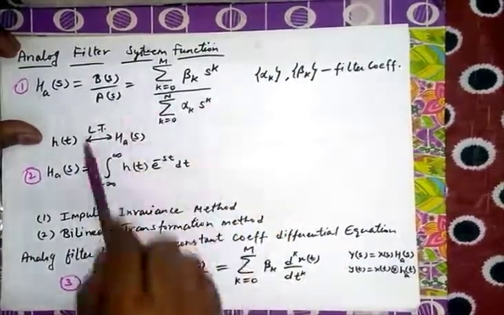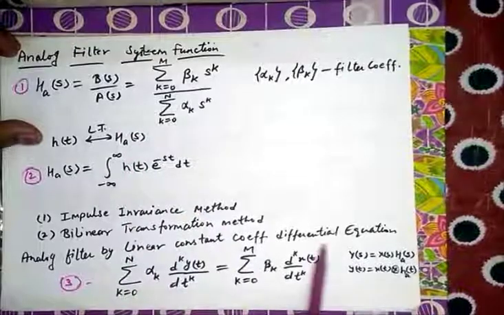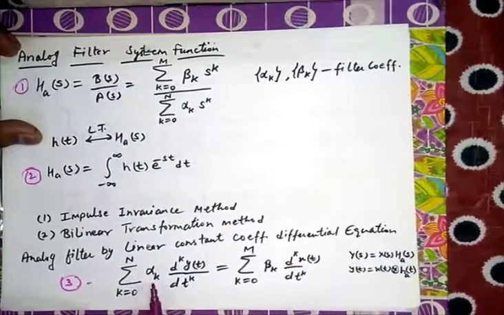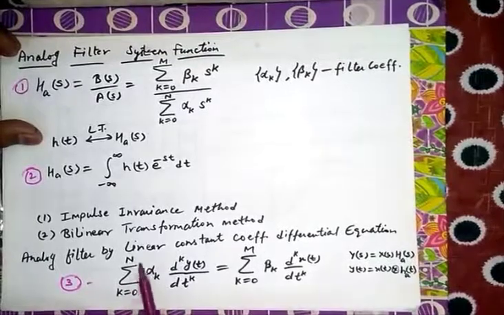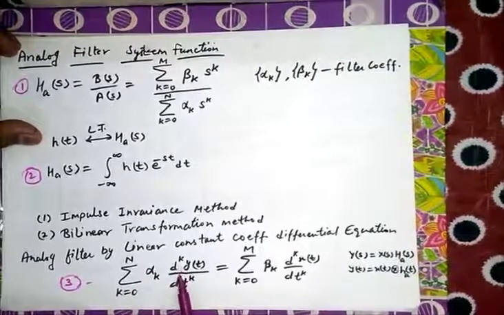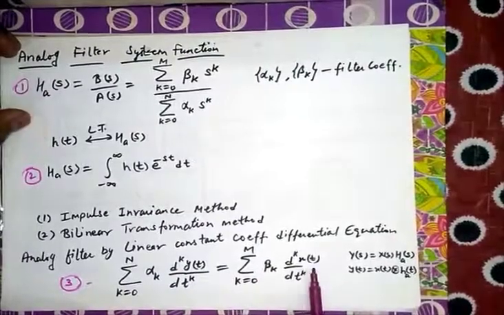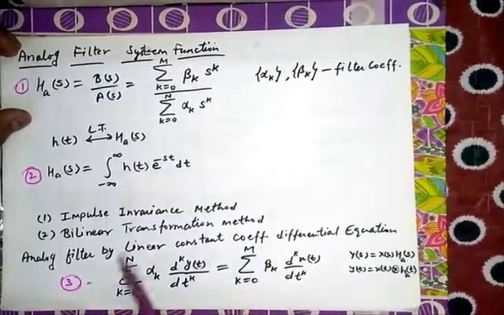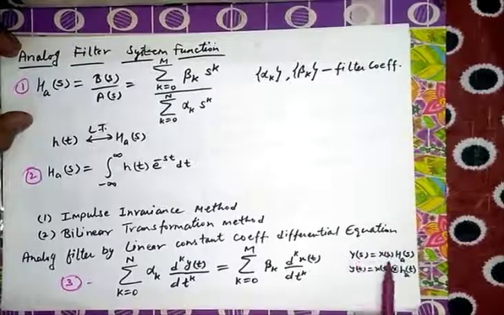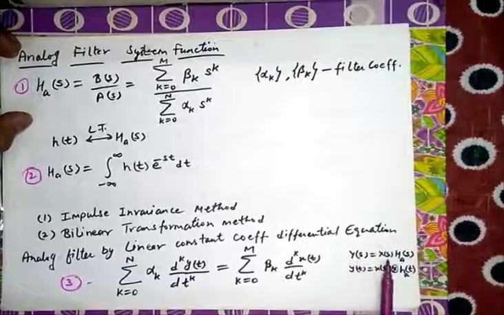Further, this equation can be realized using a linear constant coefficient differential equation, that is summation k equal to 0 to N of alpha k times the k-th time derivative of output equals beta k times the k-th derivative of input. You can realize this by using the property Y(s) is equal to X(s) into H_A(s).